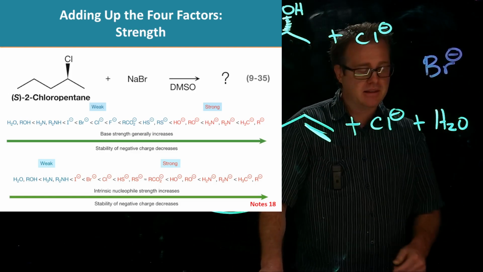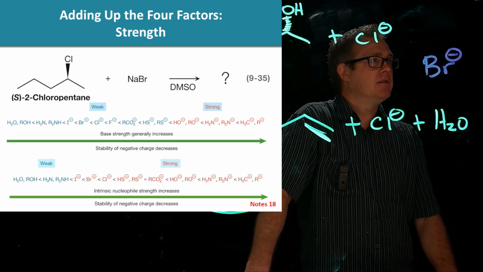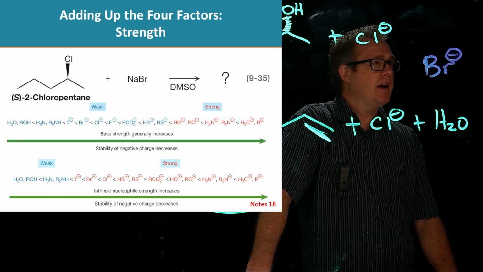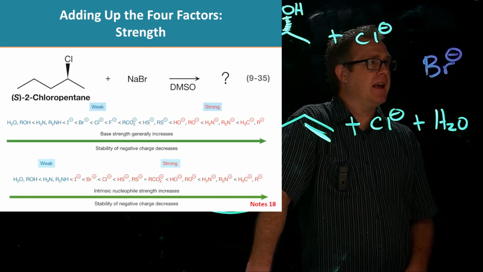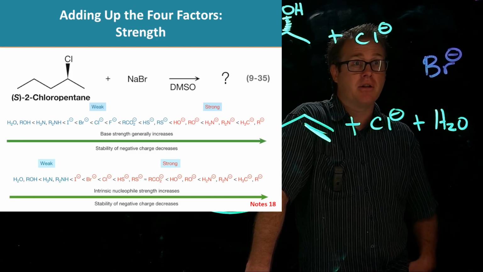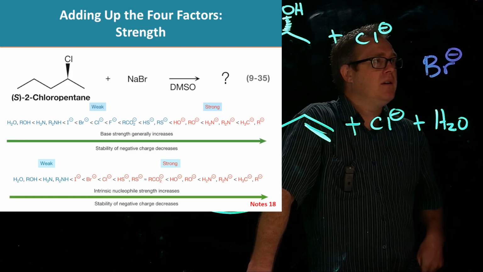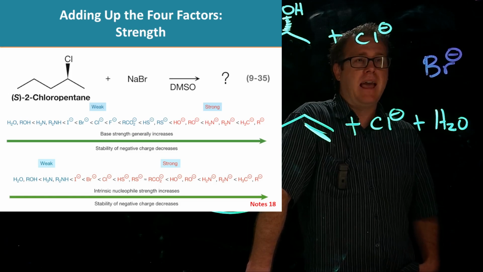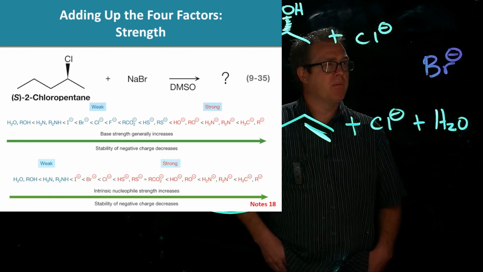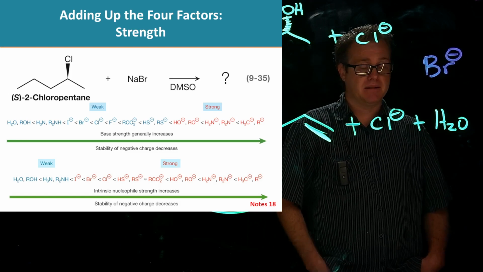Now, when we take a look at that, is bromide a strong nucleophile? I look at my little chart there and it says Br minus is shown in red, and that's going to be a strong nucleophile. I'm keeping a mental note there. But when I ask, is bromide a strong base? It shows that it is a weak base.